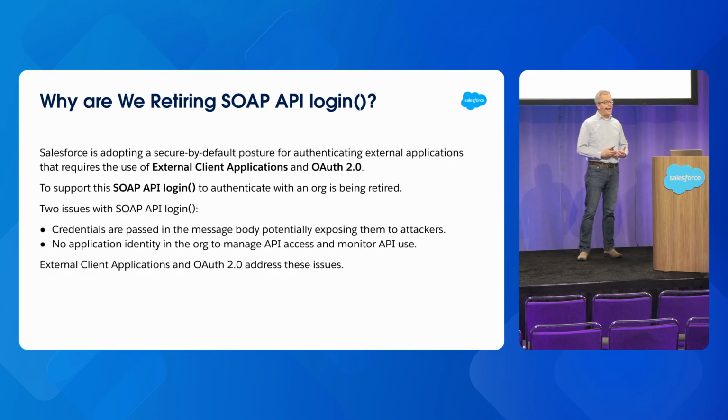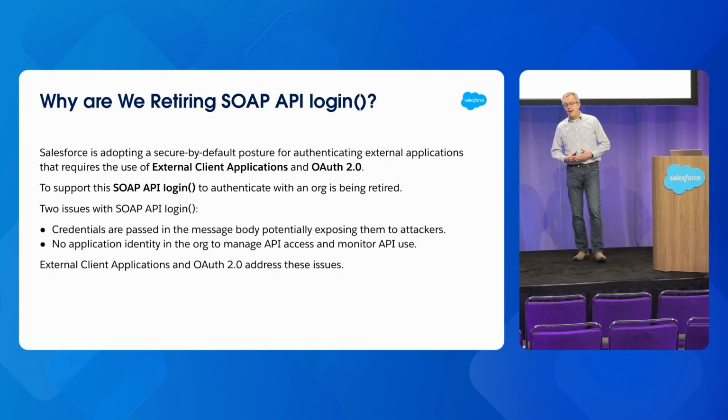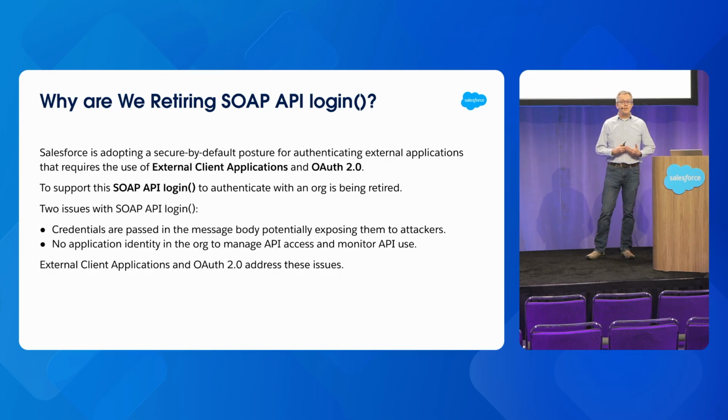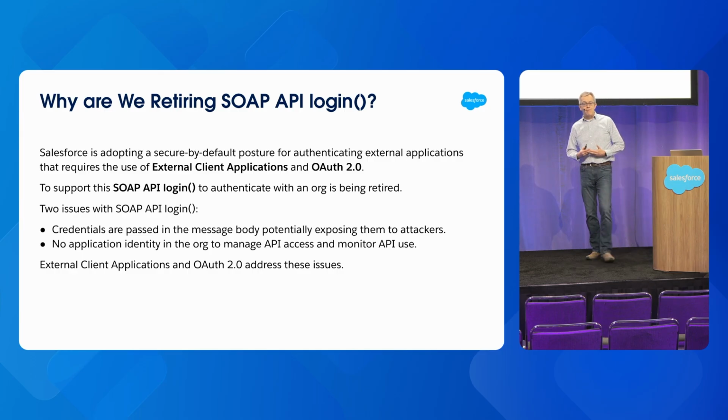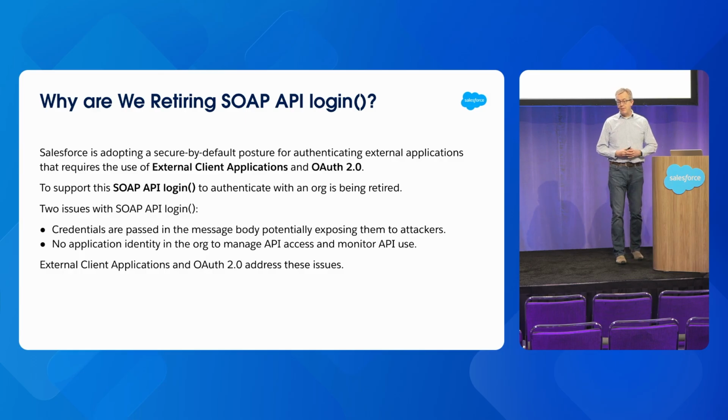As part of that activity, we are adopting a secure by default posture for authenticating external applications that requires the use of external client applications and OAuth. So we are transitioning to a future where all API authentication by external apps must use external client applications and OAuth 2. To support this initiative, we are retiring SOAP API login.